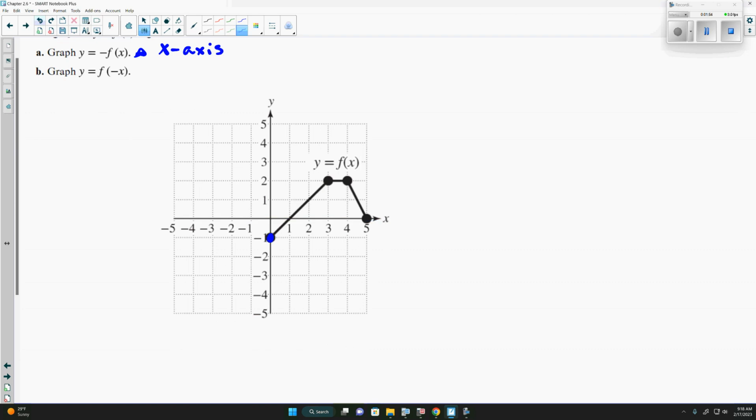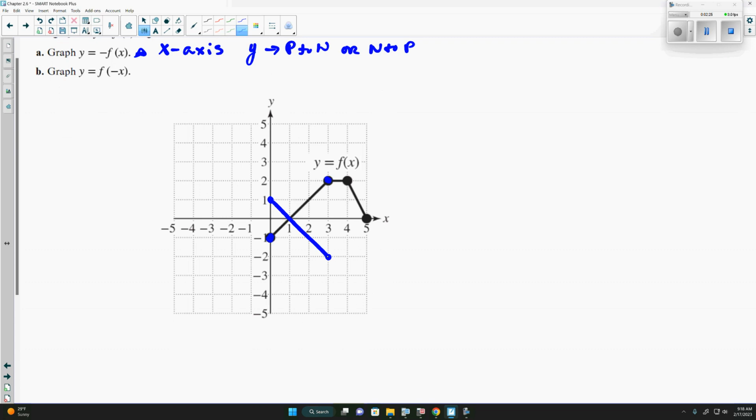Or really we can say that we're changing all of the y values from positive to negative, or negative to positive, because if they were a positive value, they're now negative. If they were a negative value, they're now positive. So here, the y value is negative 1, and if we reflect it across the x, it is now positive 1. Here, the y value is positive 2, which means the y value is now negative 2.